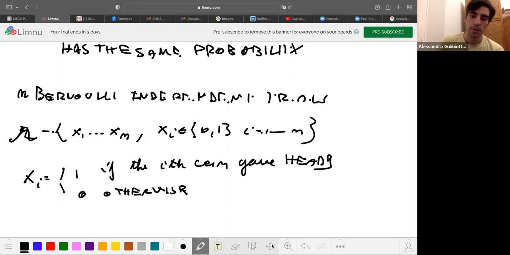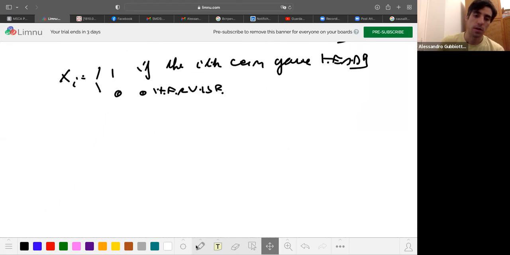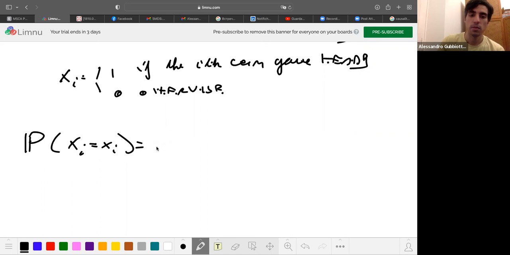And we do the same computation as before. The fact that the coins are identical means that the probability that the ith coin is equal to xi is p if xi is equal to 1, and 1 minus p if xi is equal to 0.